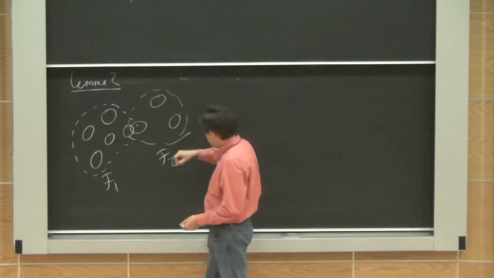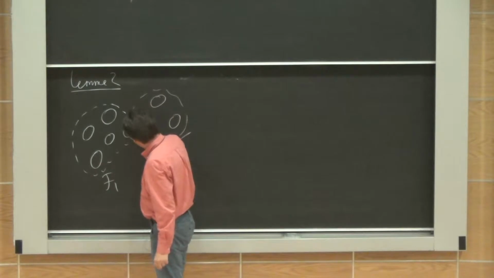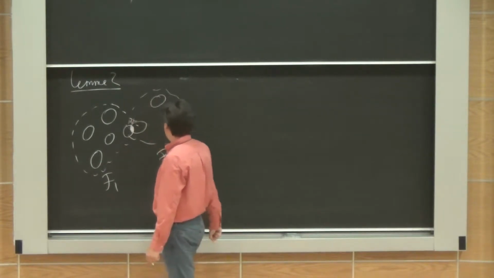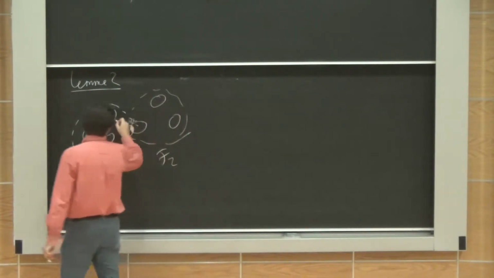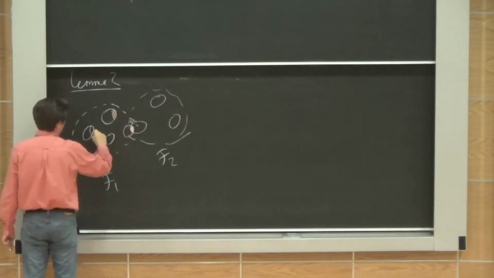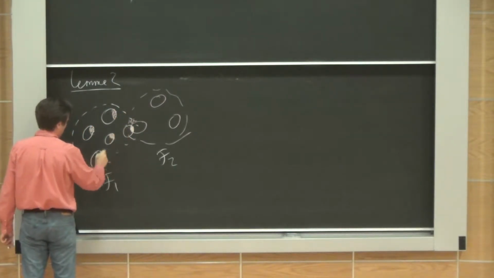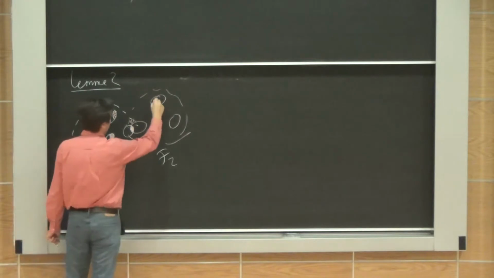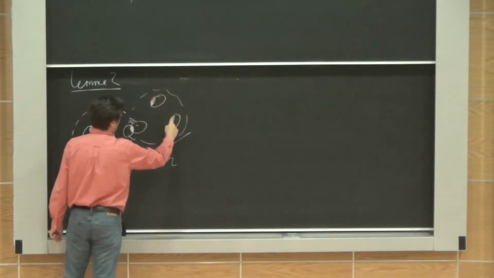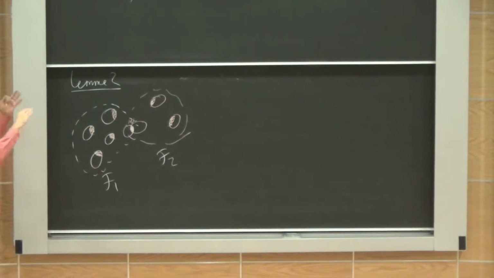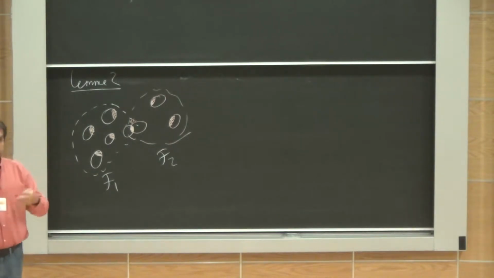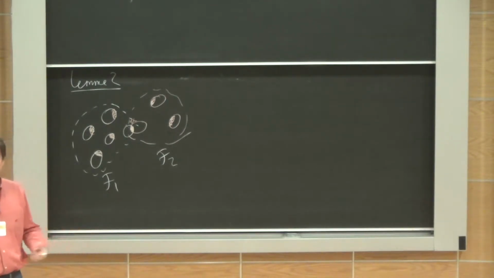Then, if you take the intersection of these 2 components, let's call it U, we can take the restriction of F1 to U and the restriction of F2 to U, and taken all together and taking all compositions, we will get a commutative diagram. So there is no problem. There will be no conflicts here.